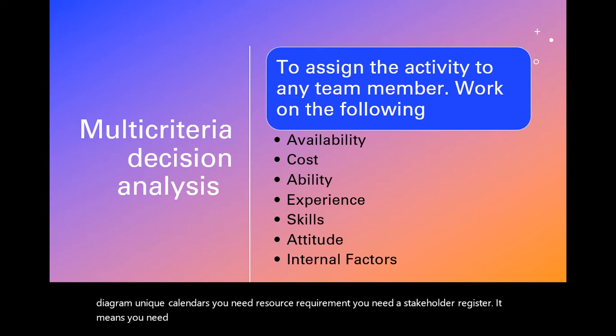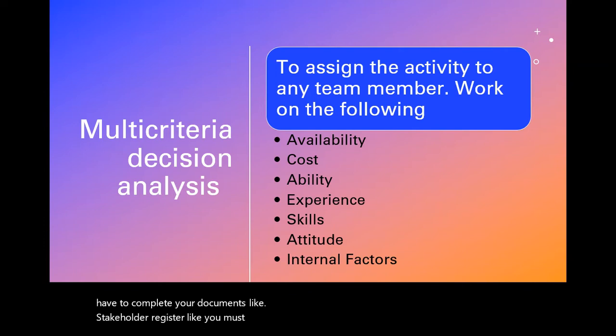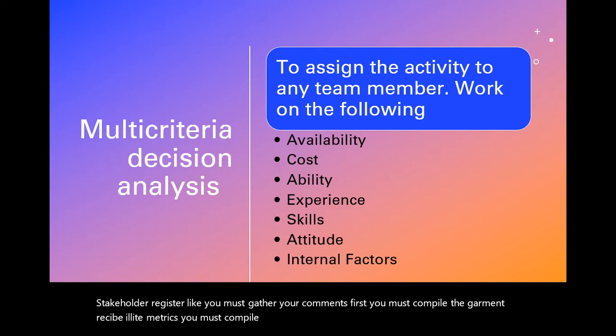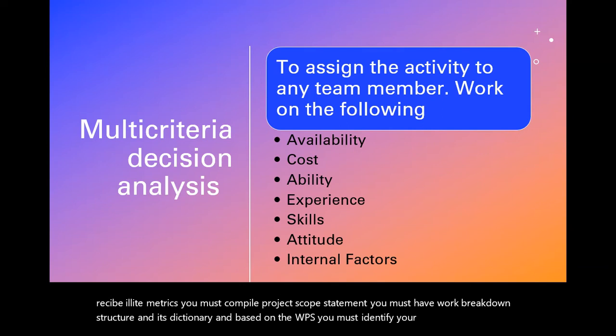Before coming to acquire project team, always remember, you will have to complete your documents like the stakeholder register. You must gather your requirements first, compile the requirements traceability matrix and the project scope statement, and have a work breakdown structure and its dictionary. Based on the WBS you must identify your activities, activity attributes, and milestone list.